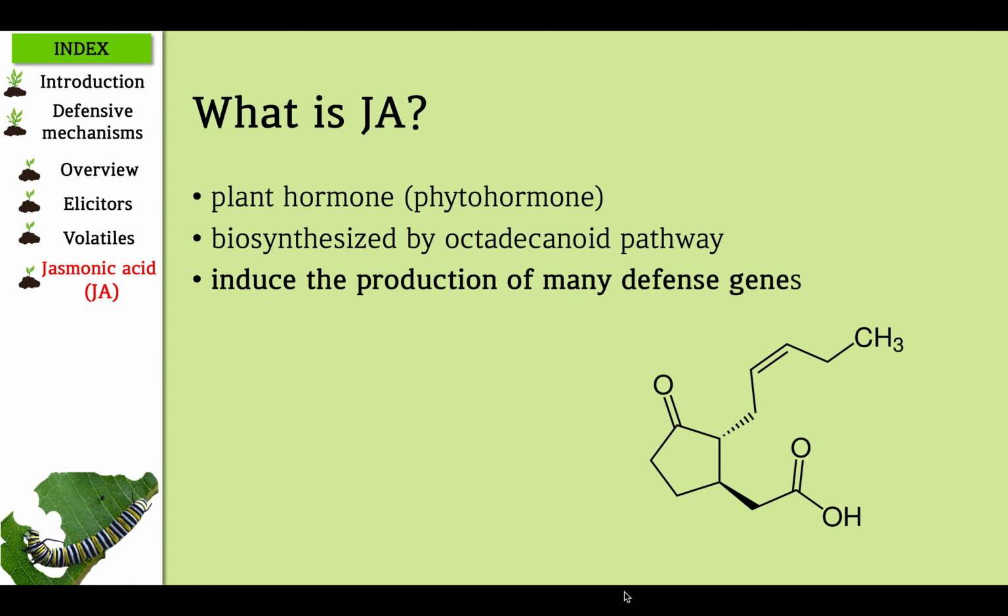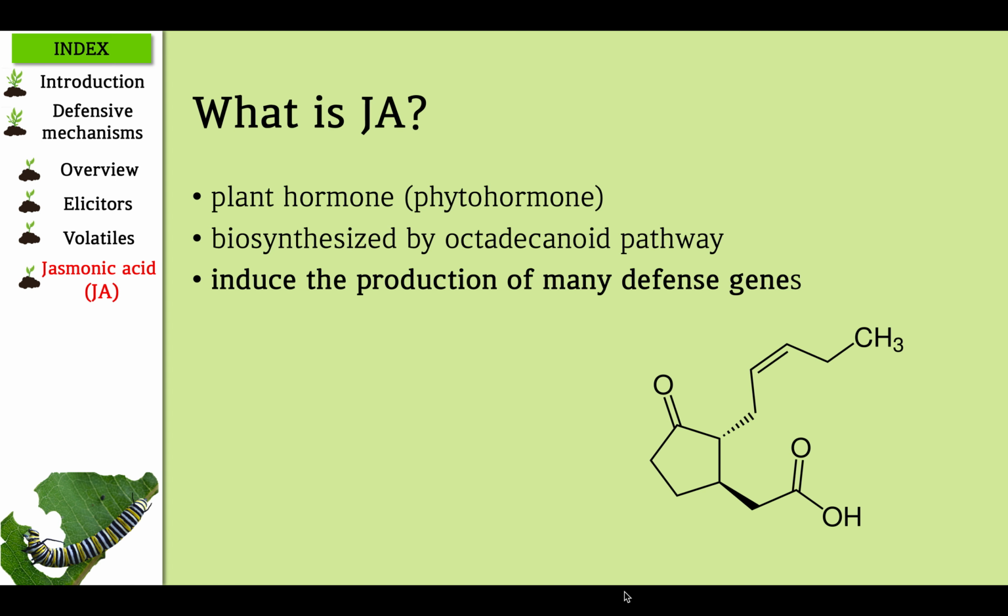And this hormone is biosynthesized by the octadecanoid pathway. Jasmonic acid triggers the production of many proteins involved in plant defenses. Briefly, let's see the biosynthesis pathway of jasmonic acid.